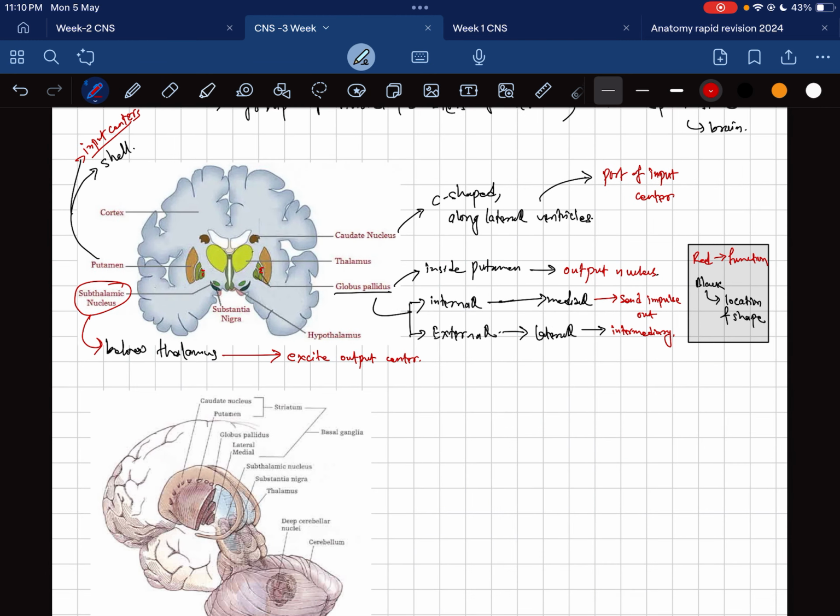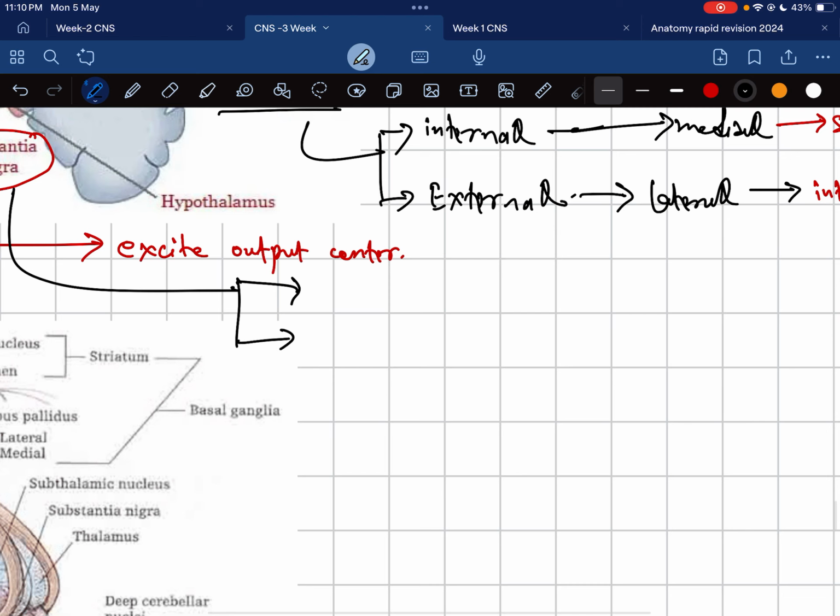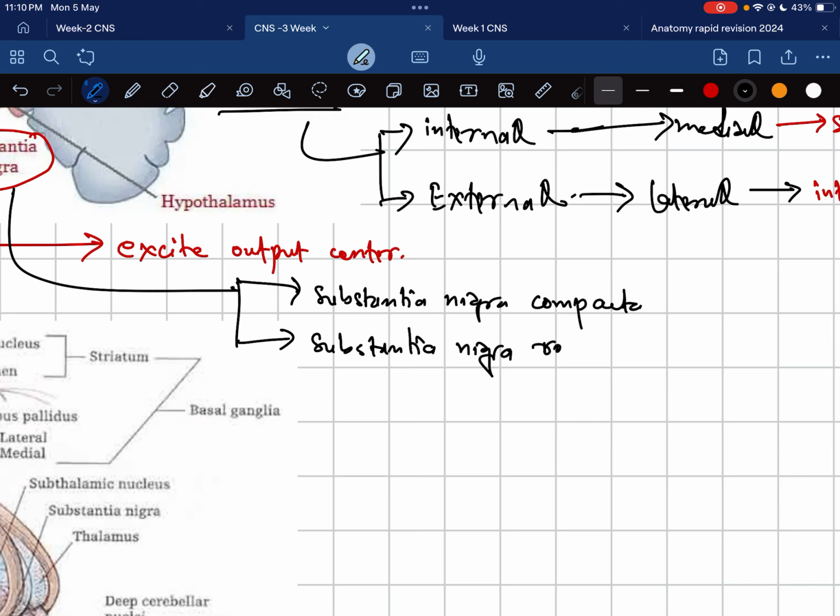And moving on, the substantia nigra. It is present in the midbrain, has a darker color due to melanin, and modulates movement. It has two compartments: the substantia nigra compacta and the substantia nigra reticulata.